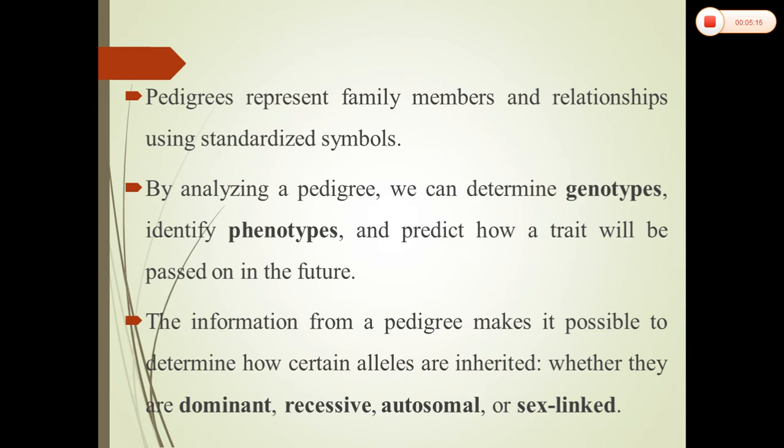We find whether the trait is autosomal or sex linked, and whether it is dominant or recessive, because now we know the inheritance pattern of autosomal diseases and in what way they are transferred to the next generation. If a particular trait is dominant, it has to express in every generation, in homozygous condition also, in heterozygous condition also.